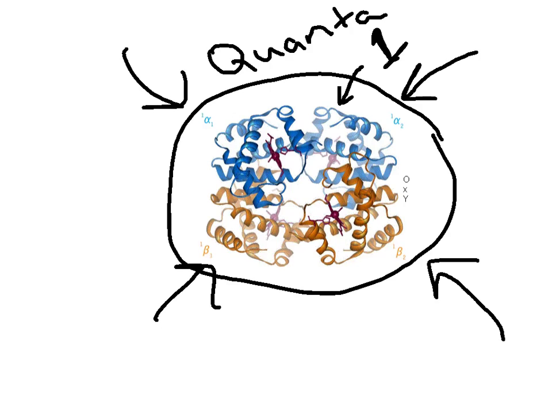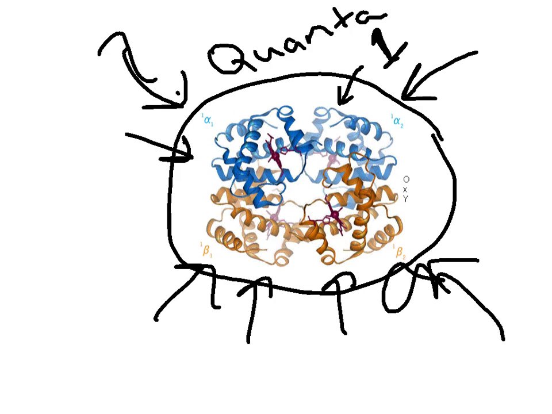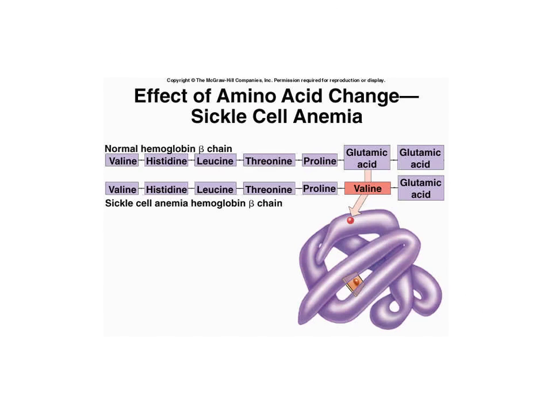And then that change, changing the interaction between all of these polypeptide chains, could that happen? Answer is yes. This one little change, changing an R group on this beta chain of the amino acids, by changing it from glutamic acid to valine, now you caused all kinds of problems.